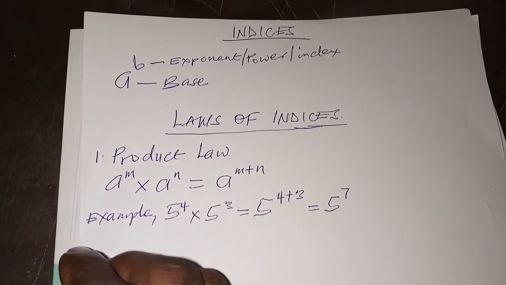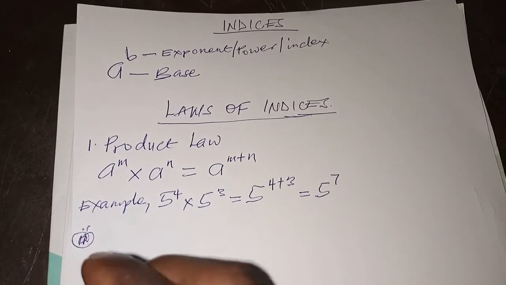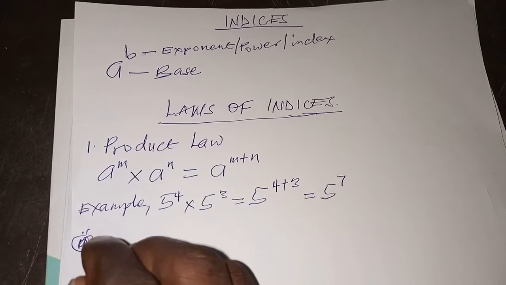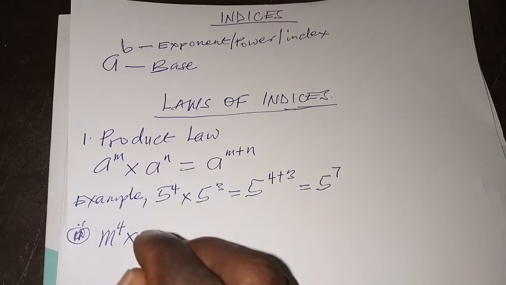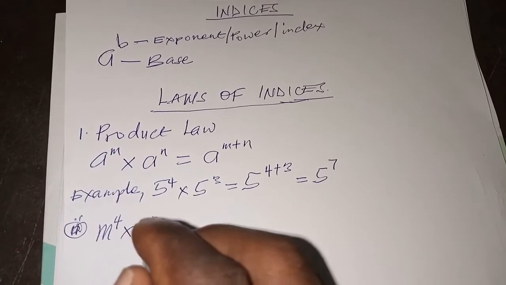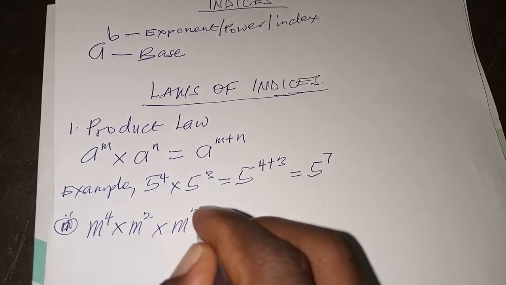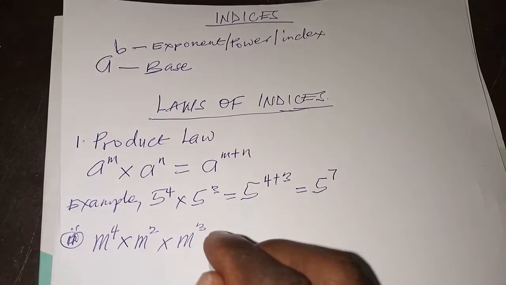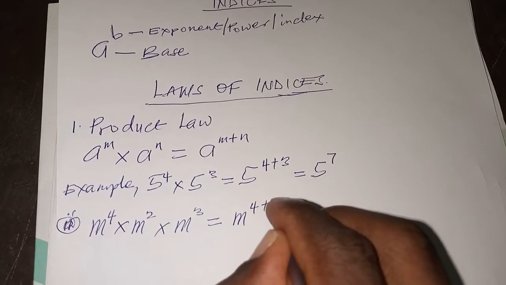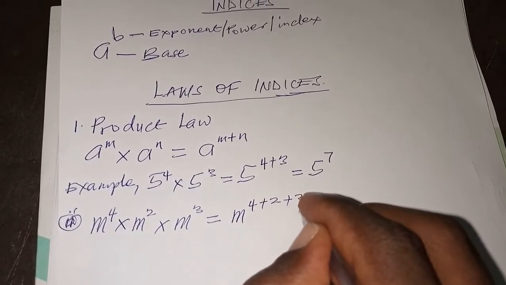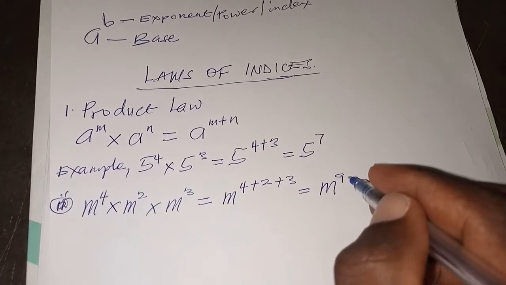Another example can be m exponent 4 times m squared times m cubed. So this is just going to give us m exponent 4 plus 2 plus 3, which will give us m exponent 9.